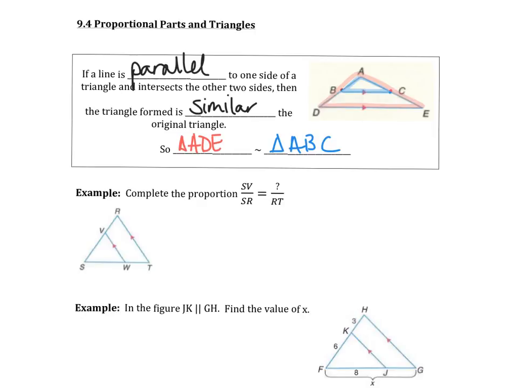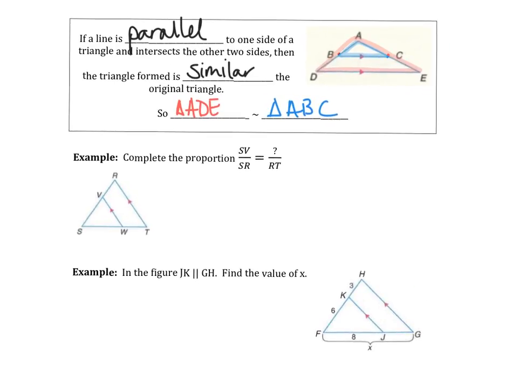All right, an example here, we're going to complete the proportion. First thing I notice is that I'm given that this line VW is parallel to line RT, so I know that my triangles are going to be similar, and since they're similar, I can set up my proportion statements.